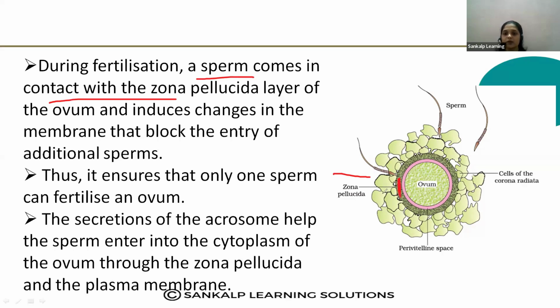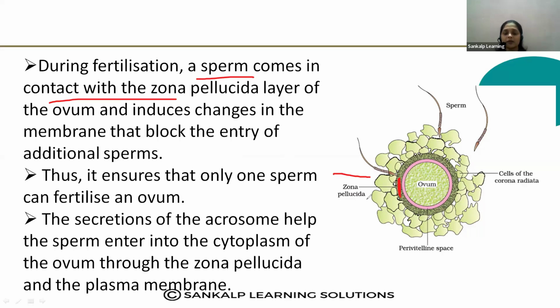When the sperm enters into the ovum, certain changes occur inside the ovum. It blocks the entry of other sperms. When one sperm enters the ovum, there is no entry for the other sperms, almost all the time.